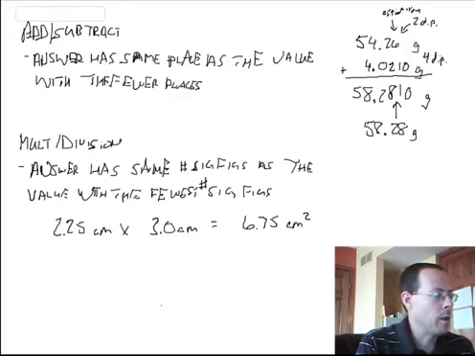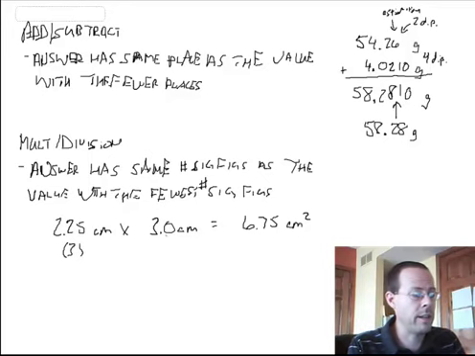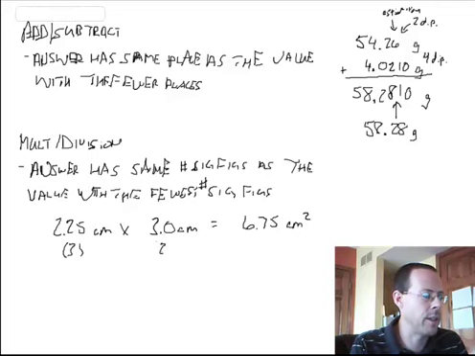So now we're going to figure out how many sig figs the first value has. Well, the 2 is significant, the 2 is significant, the 5 is significant. So this has 3 sig figs. If we go to this one, we have 3.0. The 3 is significant, and then our 0 is a trailing 0. You have to remember, these are significant if they're after a decimal. So this is after a decimal, so it is significant. So this has 2 significant figures.